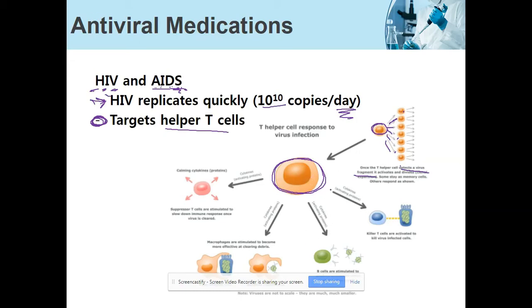So one of the jobs is to activate killer T cells. These are also known as cytotoxic T cells, because they mature in the thymus. This guy down here is a B cell because it matures in the bone marrow. But all of these are considered white blood cells.